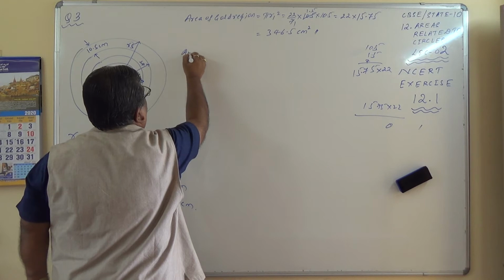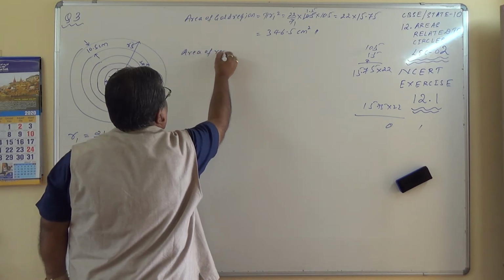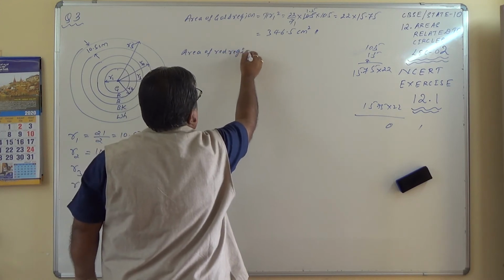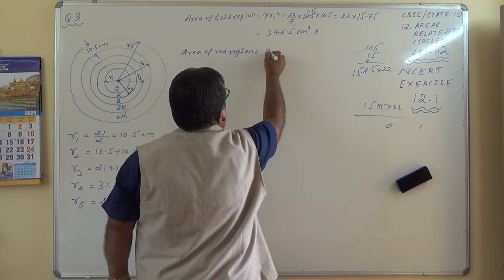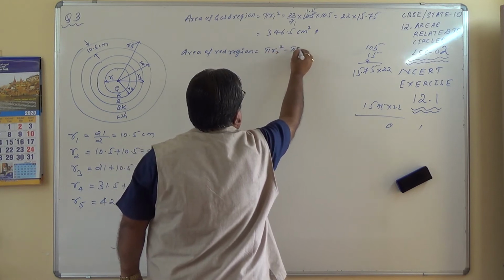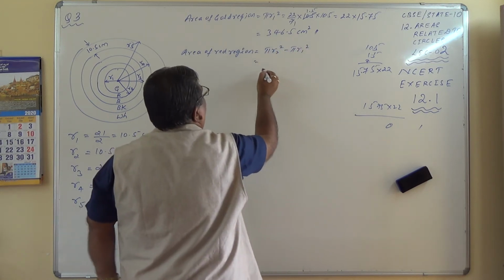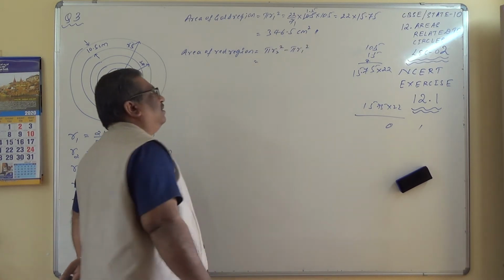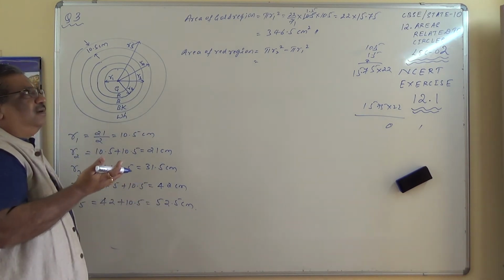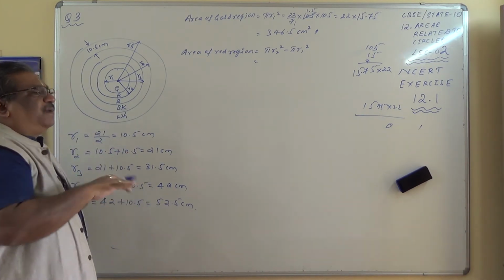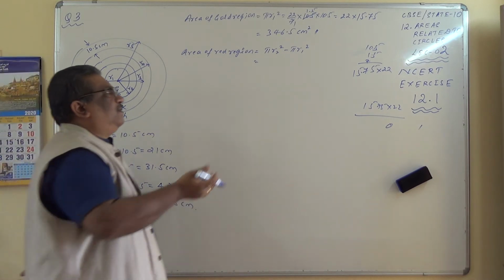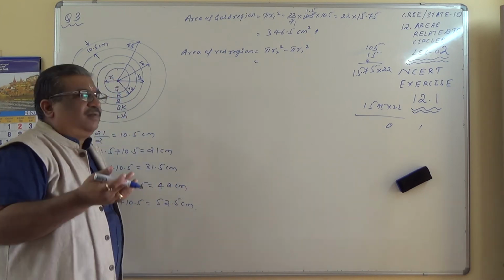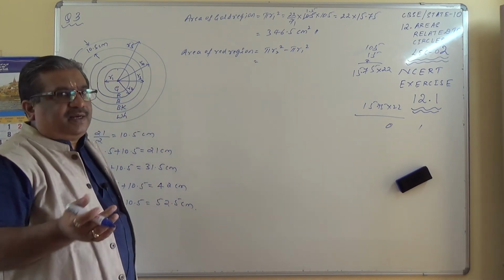So area of red region is equal to pi R2 square minus pi R1 square. Already pi R1 square we have worked out. You can calculate whichever way you want.